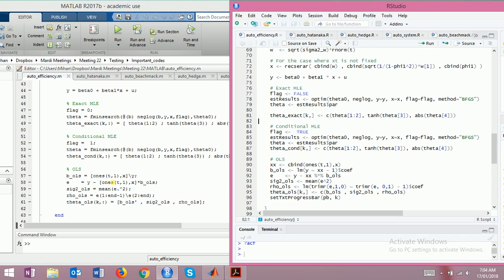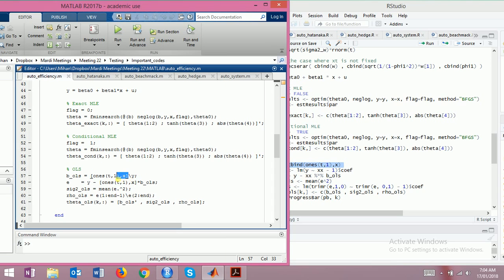And then OLS. OLS is ones T1 column bind x, column bind x, beta hat OLS is linear model of y on x minus 1 coefficient. So column bind ones and x.